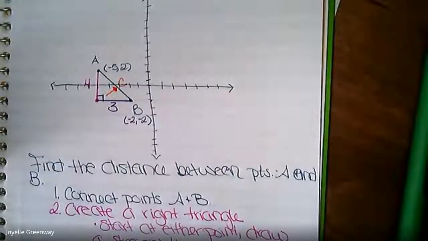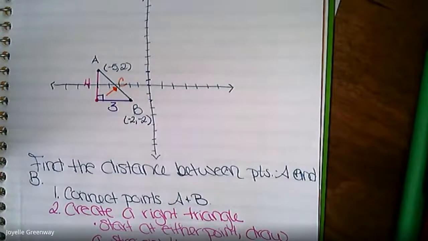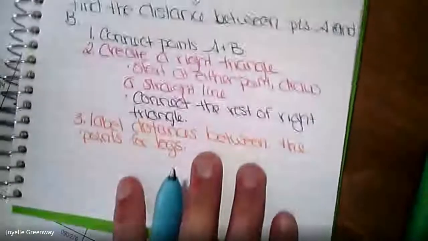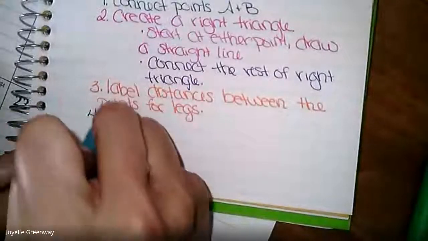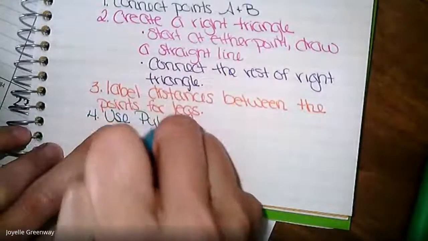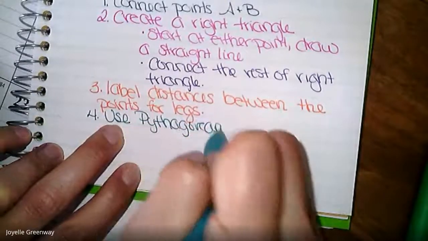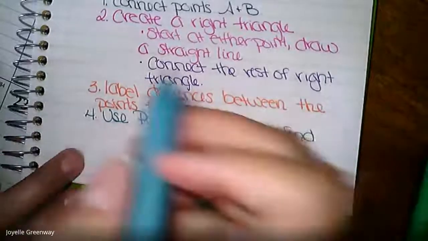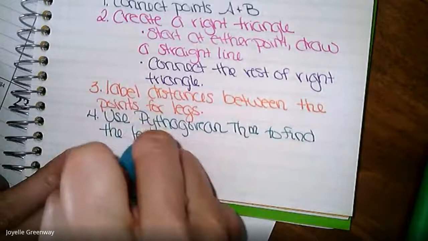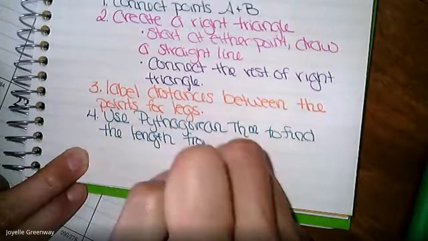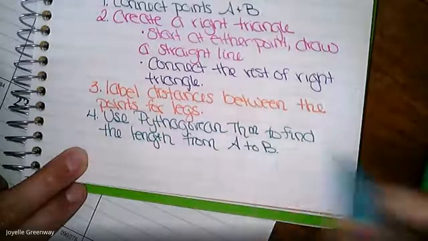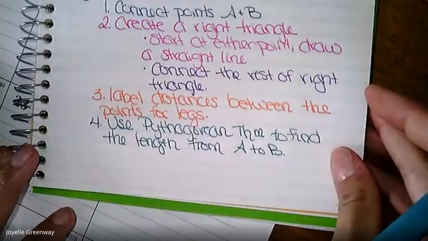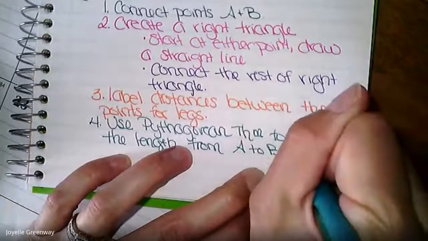So now I need to find my hypotenuse, C. So step number 4 is to use the Pythagorean theorem to find the length from A to B. So we know we're finding the hypotenuse.